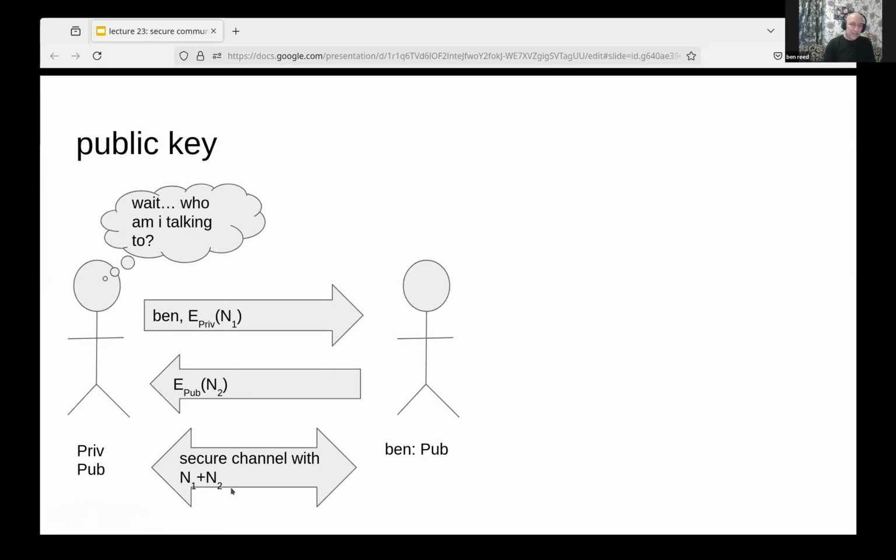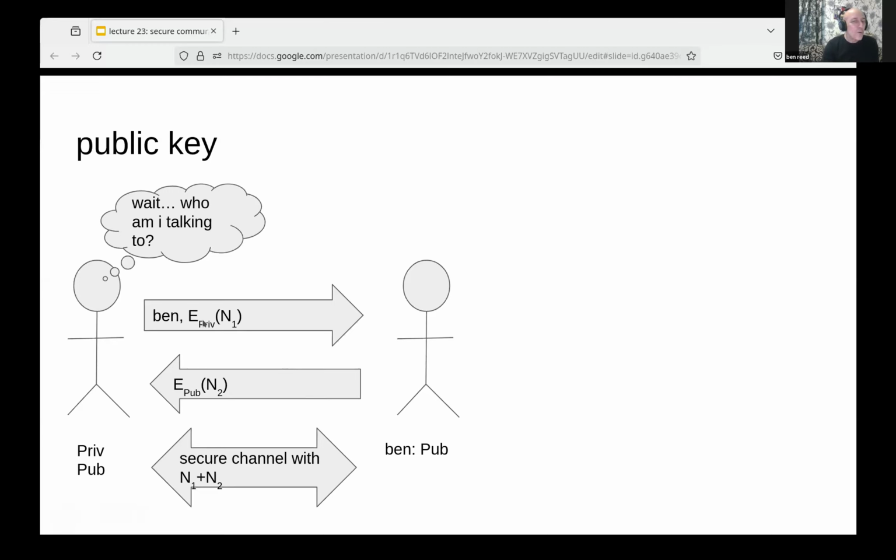The server knows that it's talking to Ben, but Ben isn't sure that it's talking to the server, right? Like there could be a bad guy in between our communication. So it doesn't actually know, because we assume everyone has a public key.